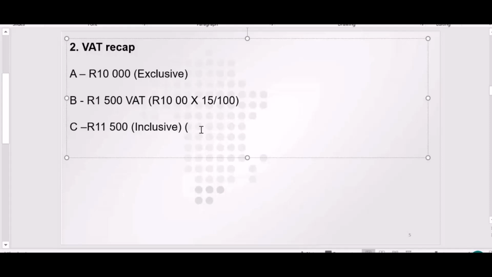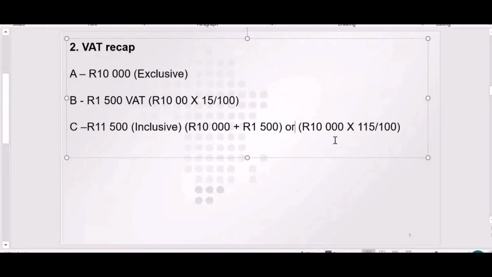I'm sorry about that. 10,000 times 115 divided by 100. How would you calculate it differently? I think I'm going to calculate it the very same way, but the logic behind 10,000 times 115 over 100 is, since we are looking for the inclusive amount, we say the amount multiplied by what we need over 100. So that's the logic behind it.